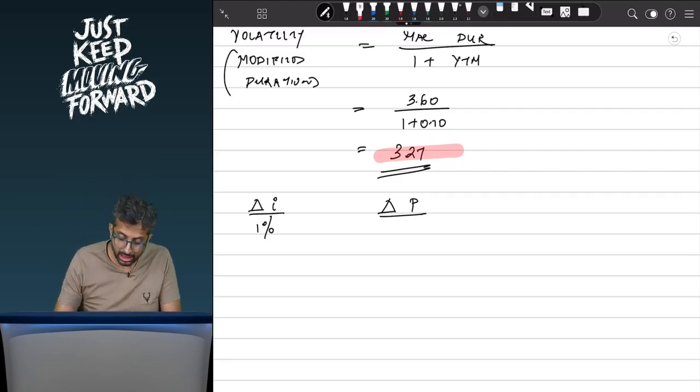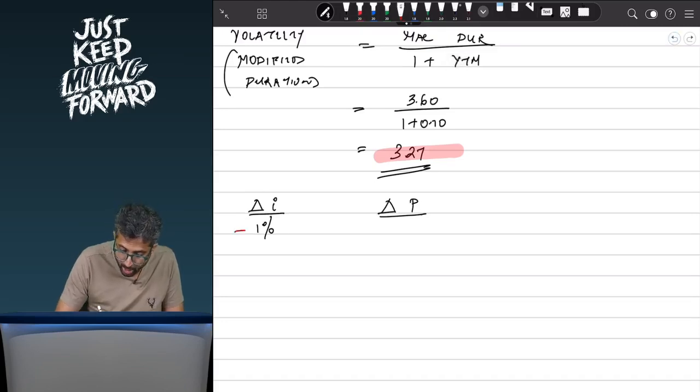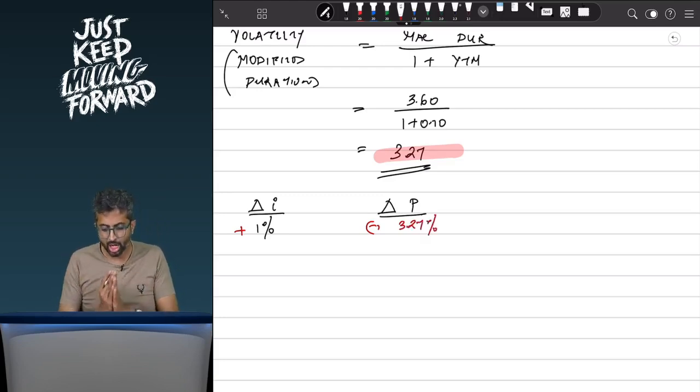So if the interest rate increases by 1%, what do you guys think will happen to the bond price? Will it increase or will it decrease? It will decrease. By how much? 3.27%. So over here, you will say that for a 1% increase in interest rate, the bond price will, let us say, fall by 3.27%.